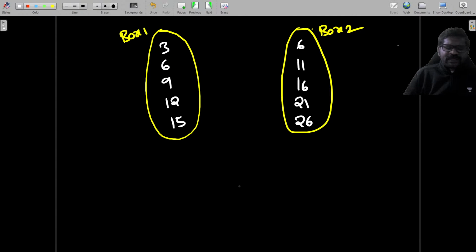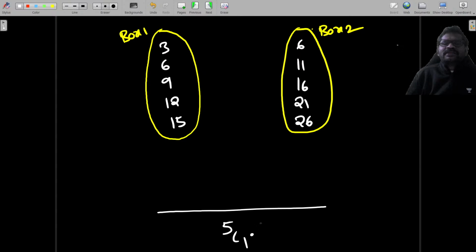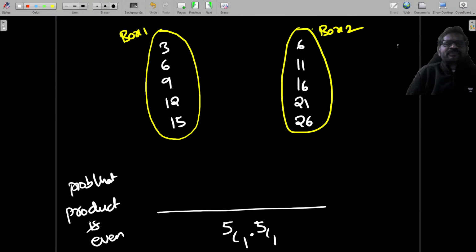Now, observe here. 2 chips are selected, one from each box. One chip is drawn from box 1, another chip is drawn from box 2. The numbers on the chips are multiplied. The probability that the product is an even number.